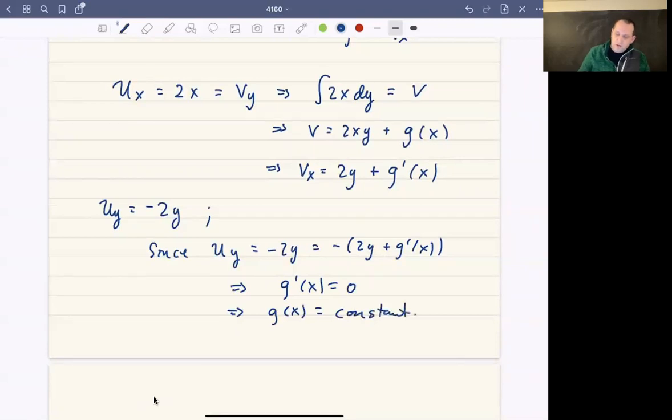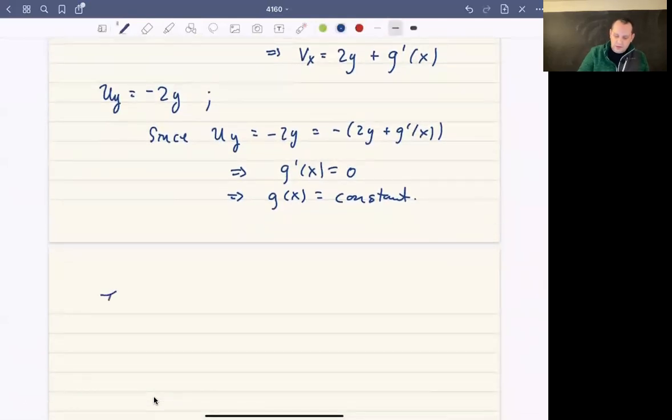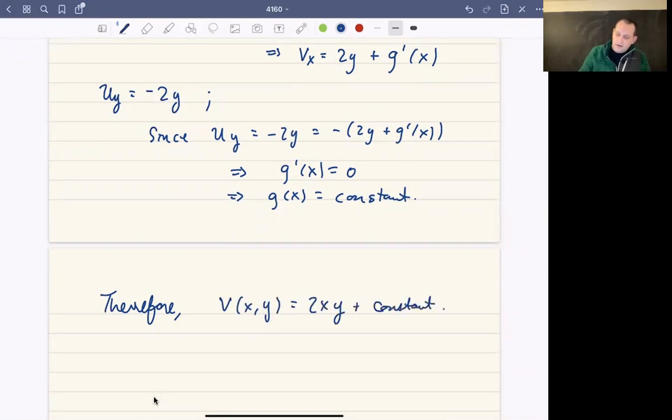Okay, and therefore, if I go back to our expression for V, any constant function g of x will give us a harmonic conjugate V. And so V of x, y can be 2xy plus any constant, however you want to write that.